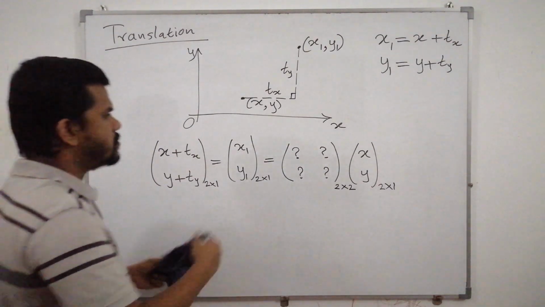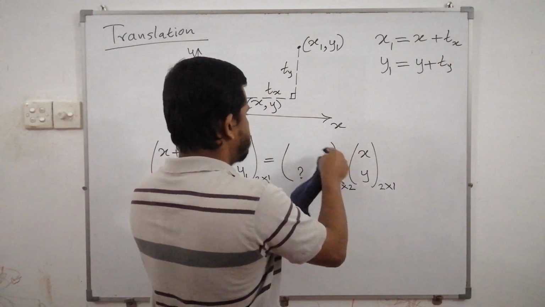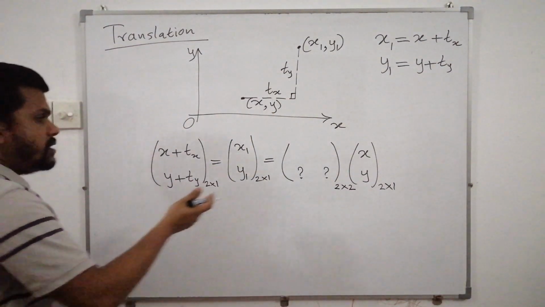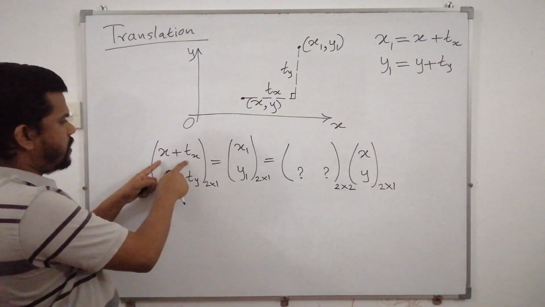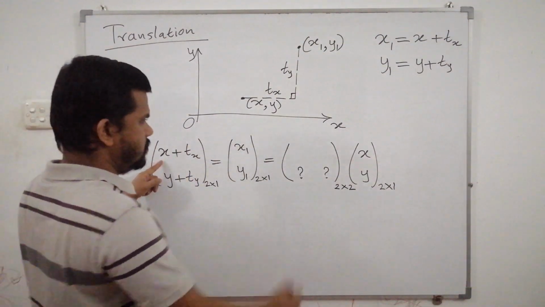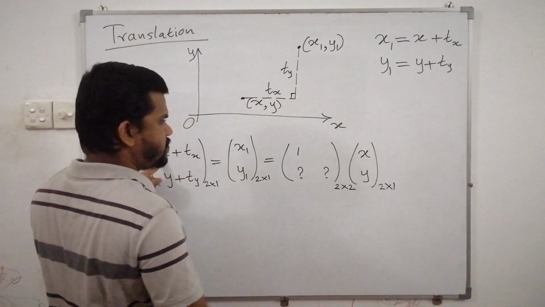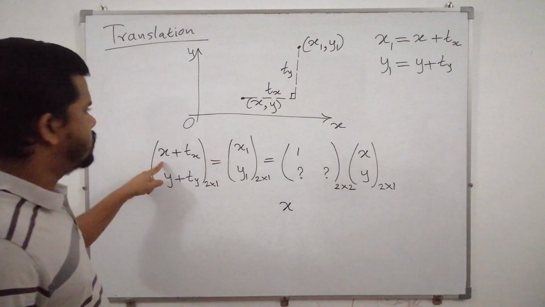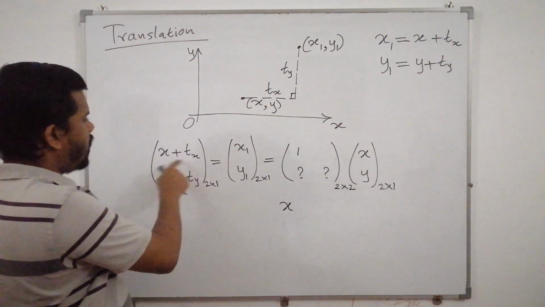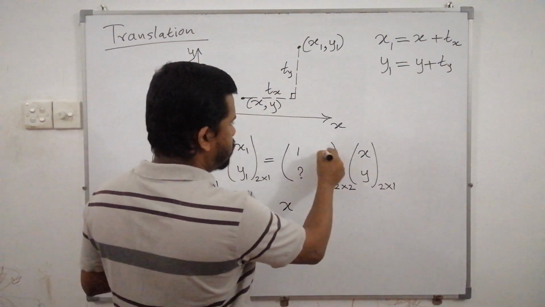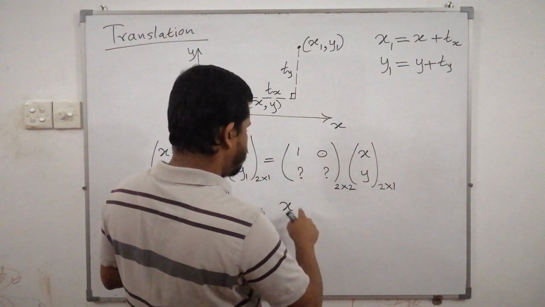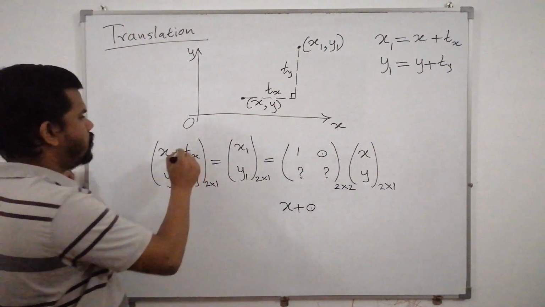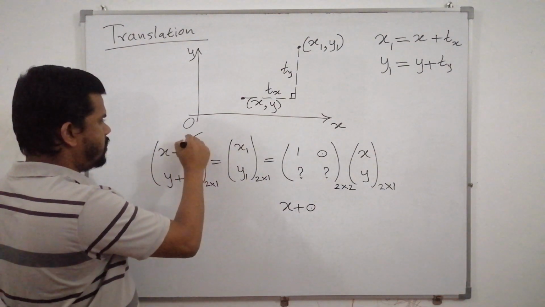Now, if we try to find the elements in the first row, in order to get this term, here we can put 1. 1 into x, x. Now, there are no y terms here, therefore 0. 0 into y, 0. But we do not have a way to get tx.